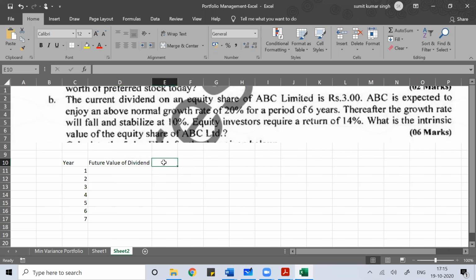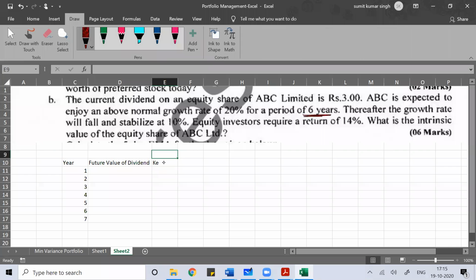Then cost of equity. So you can see that the supernormal growth period is 6 years, so take 1 year more than that. Okay, cost of equity is 14%, so you can write here 14%.